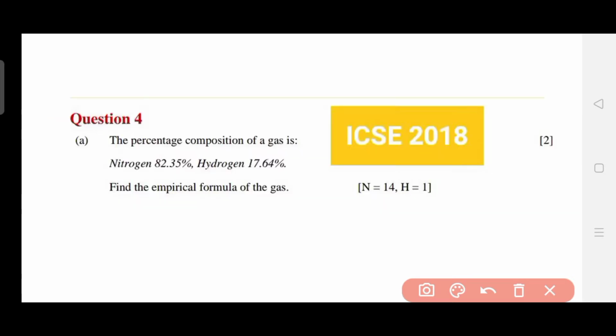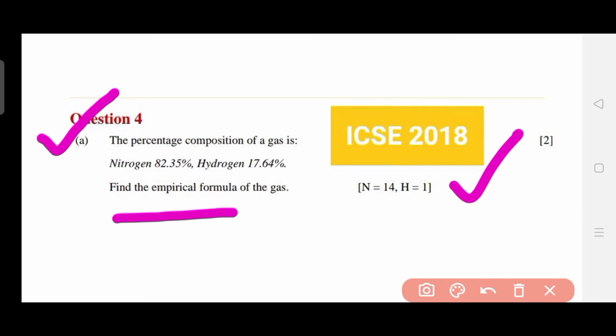Let's see the second type of question. The question says that the percentage composition of a gas is nitrogen 82.35%, hydrogen 17.64%. Find the empirical formula of the gas. This question was specifically asked in the year 2018. So basically you have been provided with the percentage composition of 2 elements, nitrogen and hydrogen, and you need to find the empirical formula.